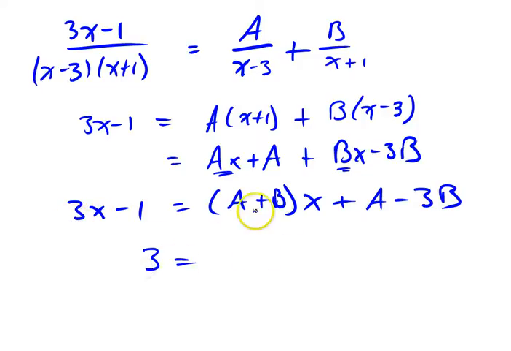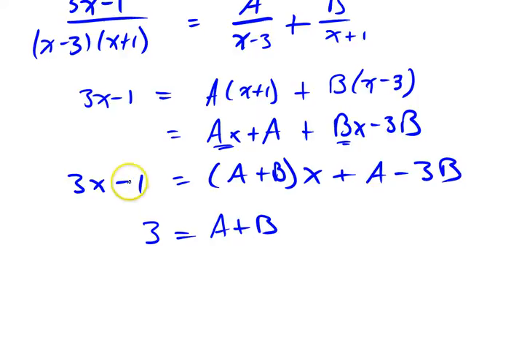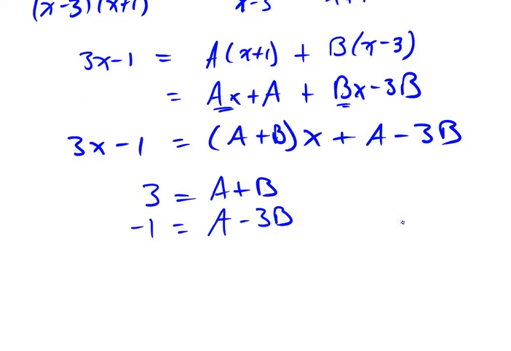That has to equal the coefficient in front of the x on the other side. So a plus b has to equal 3. Likewise, the constant coefficient here of negative 1 has to equal the constant coefficient over there, which is a minus 3b. So what I end up with here is two equations in two variables.